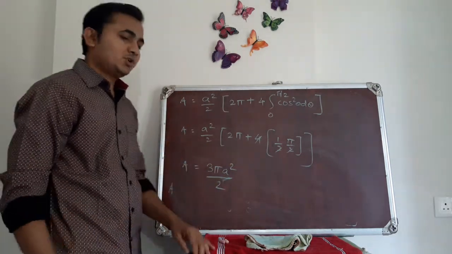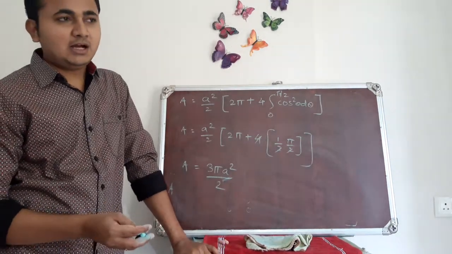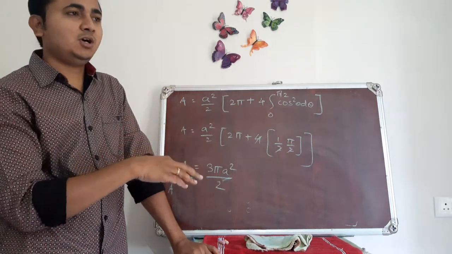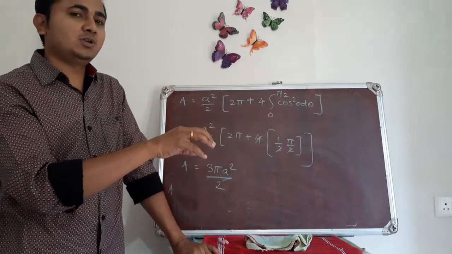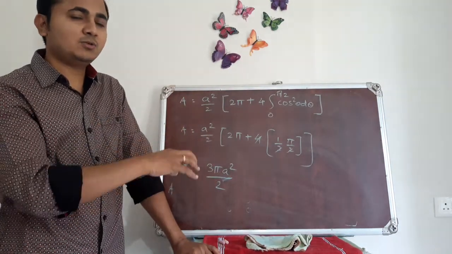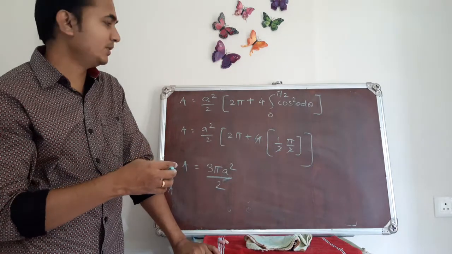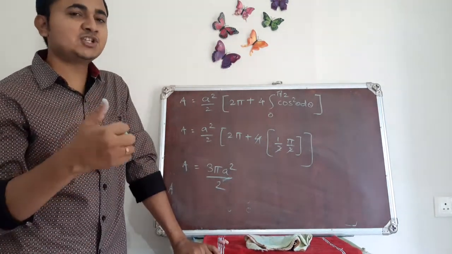Alright. So a question can be framed to find the area of the cardioid in the first two quadrants, or the area of the cardioid in the first quadrant only, or the third quadrant, or the fourth quadrant, or the complete area. Okay, so such questions can be framed. Accordingly, you will have to take the limits of theta.